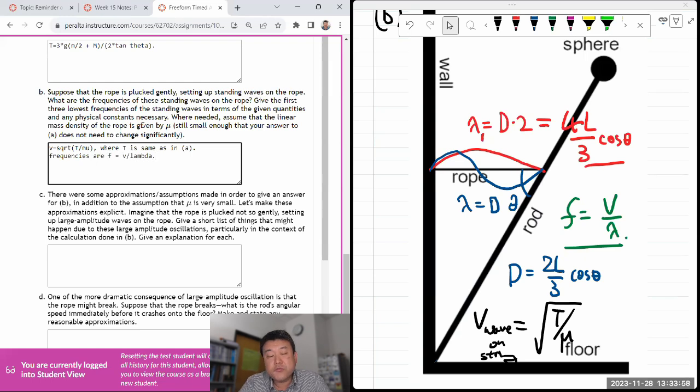And I'm just going to describe the 3 longest wavelengths, giving the 3 lowest frequencies. Lambda 1 is 4L over 3 times cosine theta, lambda 2 is going to be half of that, 2L over 3 times cosine theta, and lambda 3 will be a third of the fundamental wavelength, for theta.